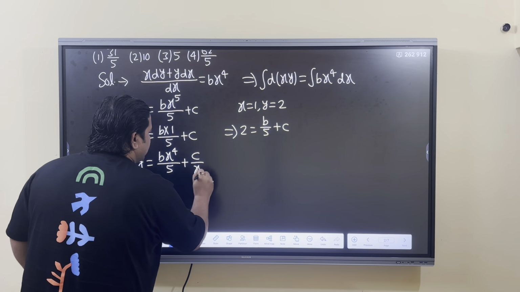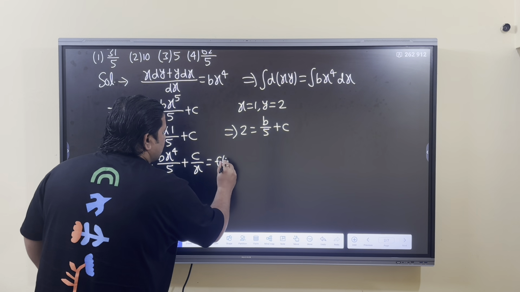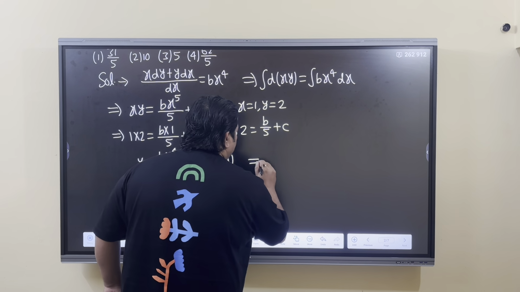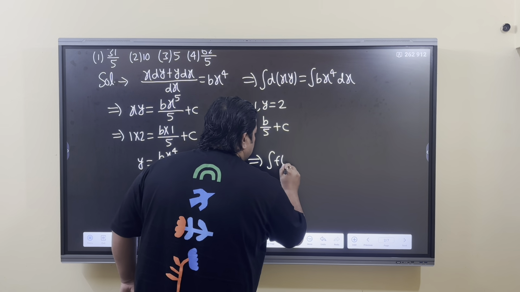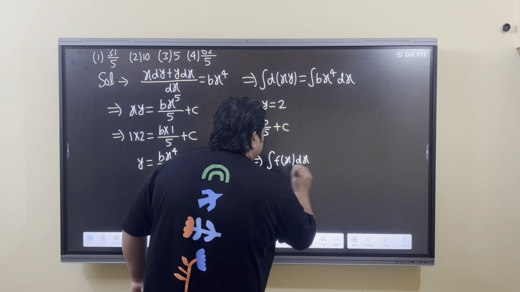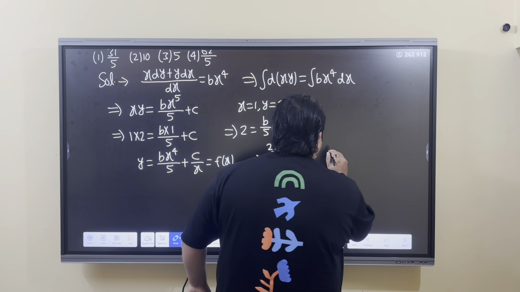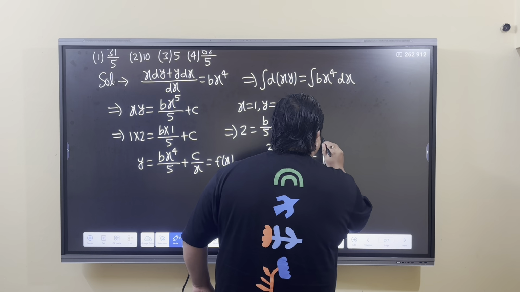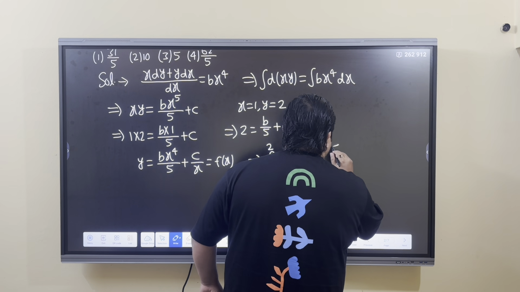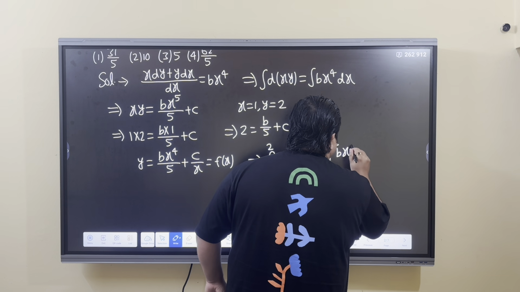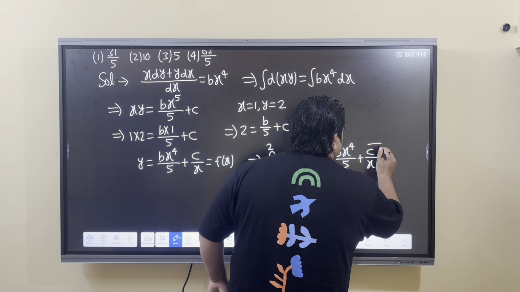So this is y, or we can say f of x. Now the integration of this f of x between 1 to 2, so f of x is b x^4/5 + c/x dx.